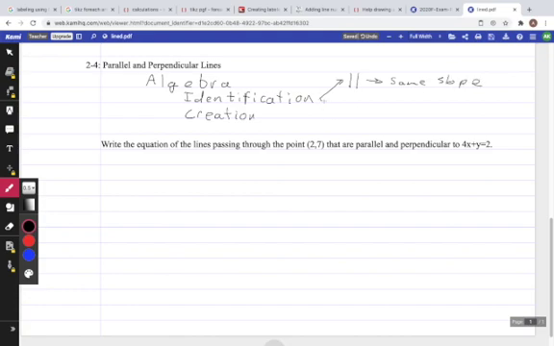If lines are perpendicular, they have slopes that multiply to be -1. Or another way of saying that is that their slopes are opposite reciprocal slopes.